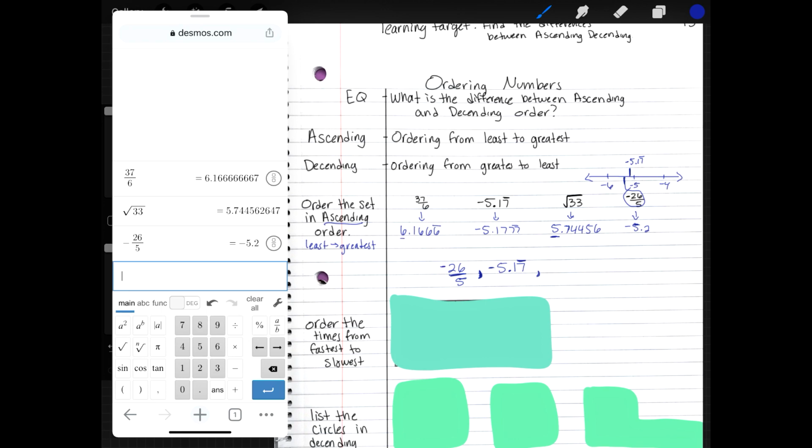So these are pretty easy because this one's a 5.7 and this one's a 6. Everyone knows that 5 is less than 6. So the next number would be the square root of 33. And then the last number will be that 37 divided by 6. Okay, and then that's our order from least to greatest.